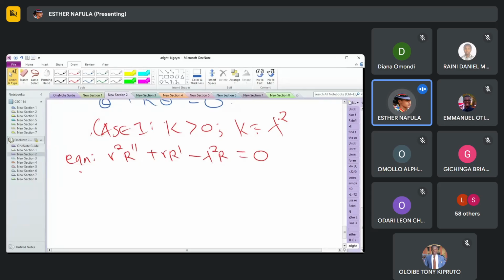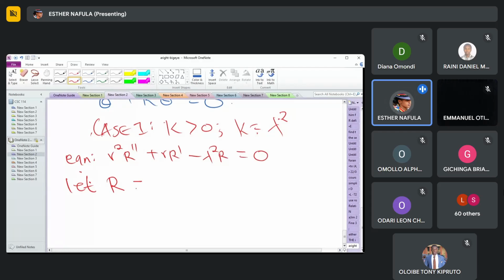We were dealing with the variable x, so we only need to replace x with r. In this case, we are solving for capital R. So we let capital R be equal to small r raised to power m. Let's proceed to write down the characteristic equation, then determine the roots so we can tell whether it's a case of real distinct roots or complex or repeated for us to tell the general form of the solution.